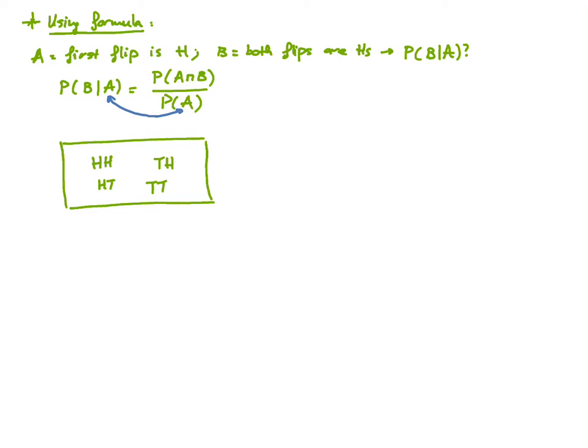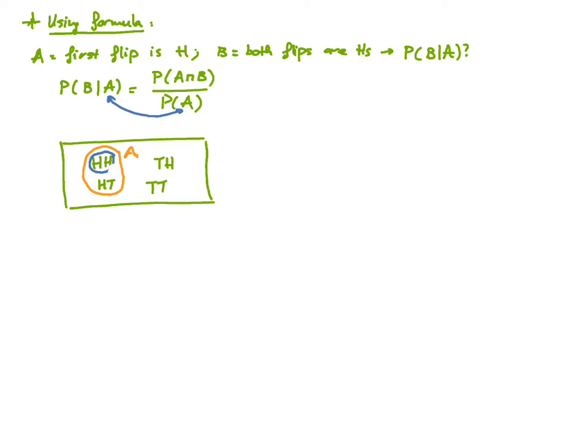So event A is the event where the first flip is a head, and so this circle is gonna represent my event A, because we have head-head and head-tail. Now event B is the event where both flips are heads, and so this circle will be my event B.